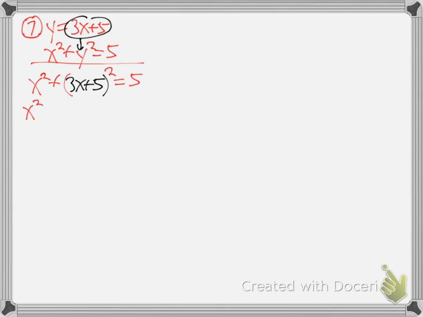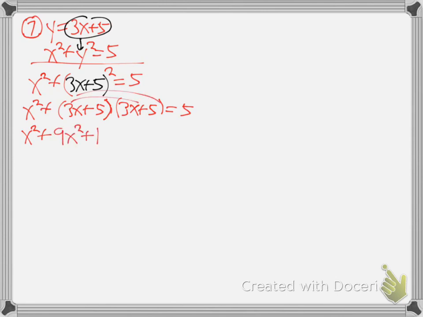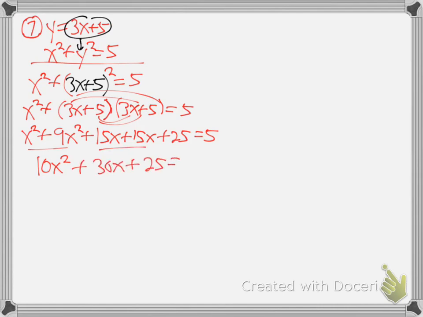So let's multiply that out. 3x plus 5, 3x plus 5, and FOIL: 9x squared plus 15x plus 15x plus 25 is 5. x squared and 9x squared is 10x squared. 15x and 15x is 30x.